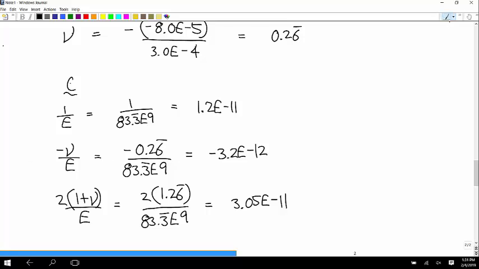And what are the units of the compliance matrix? Look at this one, it's 1 over pascals. In this case, it's meters squared over newtons, or 1 over pascals.